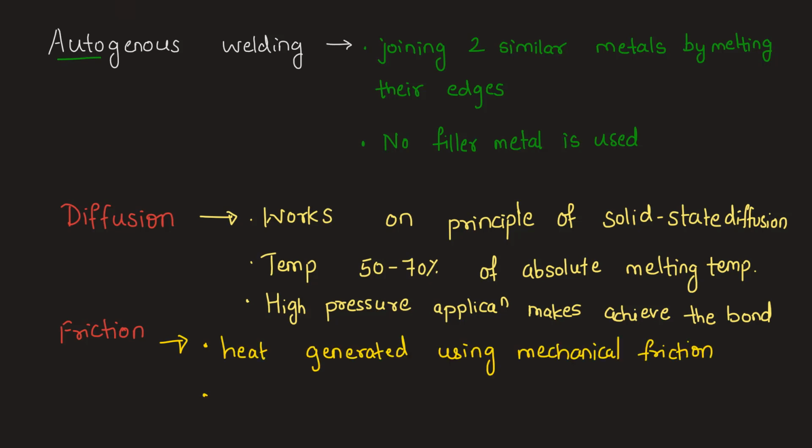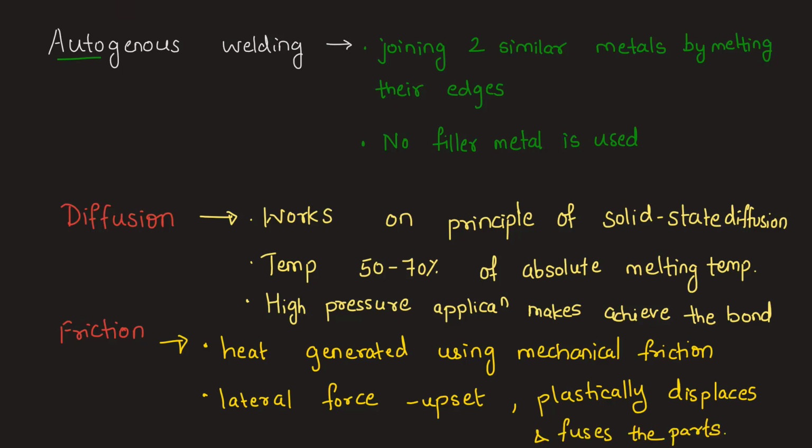And second point in the case of friction welding is very important, that there is a lateral force named upset being applied here, and this force plastically displaces and fuses the parts. So there is a permanent displacement happening which then causes the parts to fuse together. So these were some of the noteworthy points regarding the two welding processes which are autogeneous welding processes.